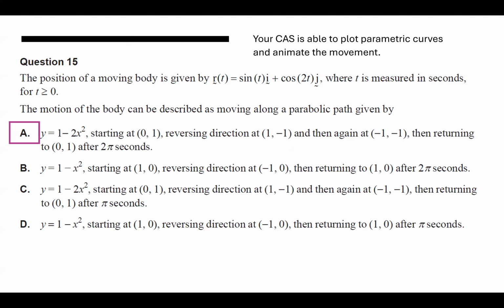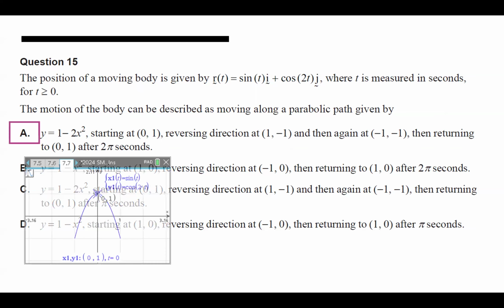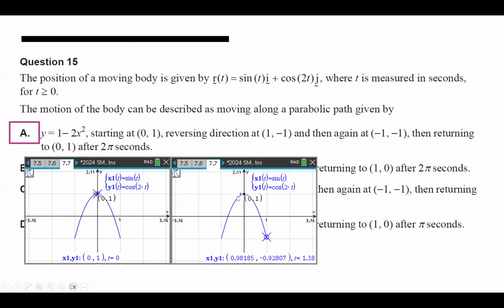Your CAS is able to plot parametric curves and animate the movement. So I'll show you my screen dump here. You need to change your entry type to parametric and make sure you type in the correct equations with domain 0 to 2 pi. Then you can trace what actually happens. For example, the starting point is t equals 0, and now x, y is 0 and 1.